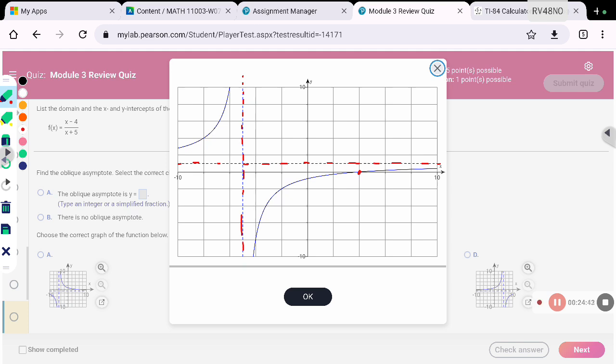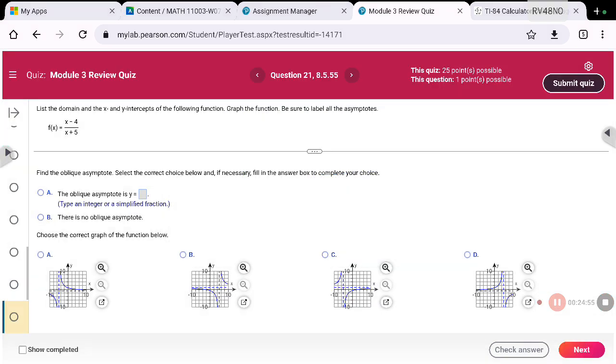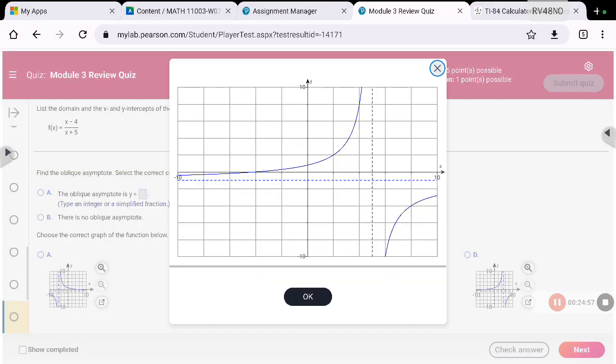So this one looks like it has all the correct characteristics. Let's look at this next one. Vertical asymptote, x equals -5. So there's -2, there's -4. So it should have a vertical asymptote right there. So that's why it's not the D one. It would be the C answer.